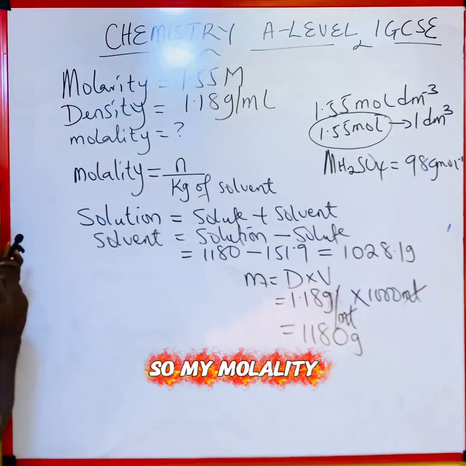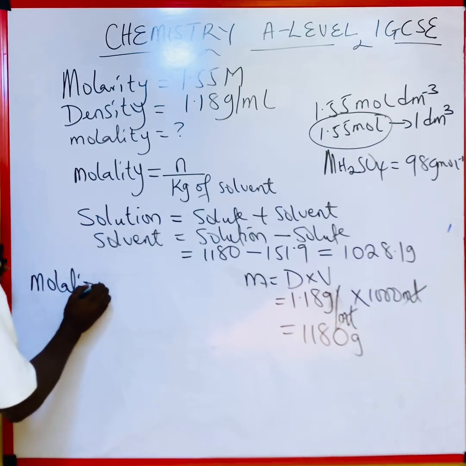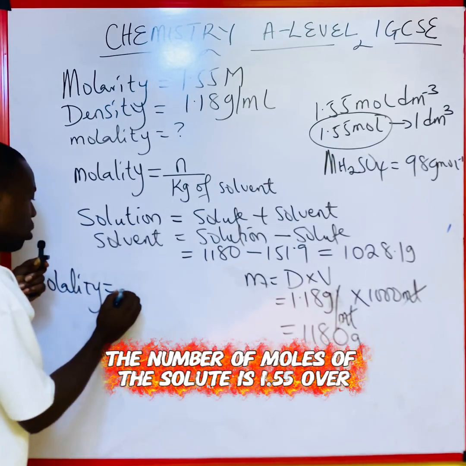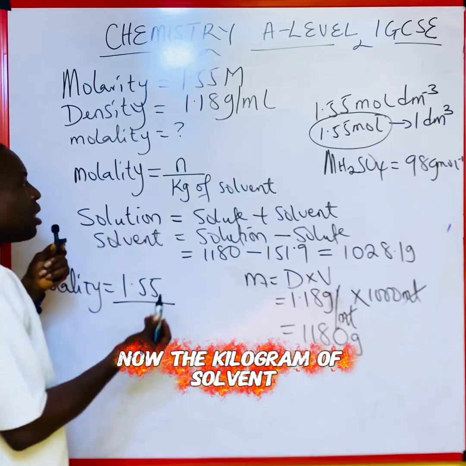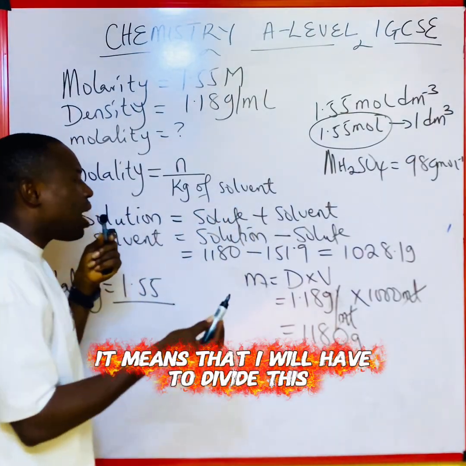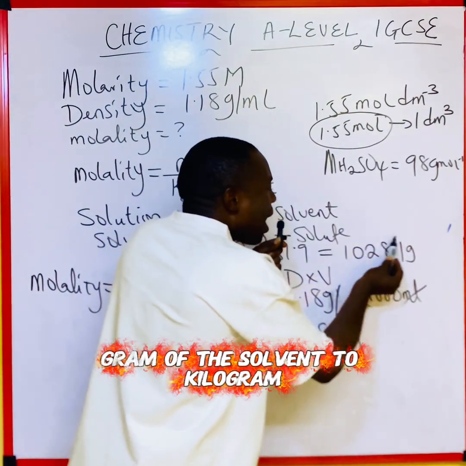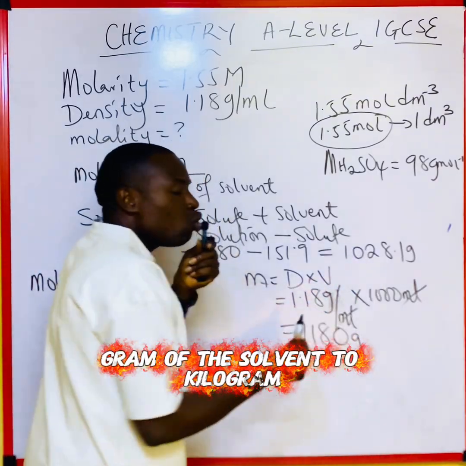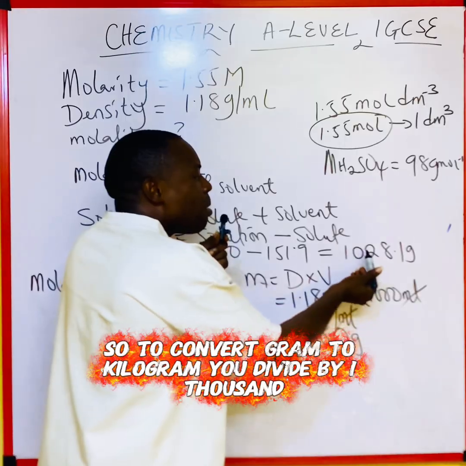Now, what do I do here? Simple. So my molality is equal to the number of moles of the solute, which is 1.55, over, now, the kilogram of solvent. It means that I will have to convert this gram of the solvent to kilogram. So to convert gram to kilogram, you divide by 1000.